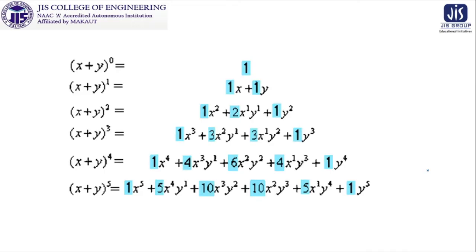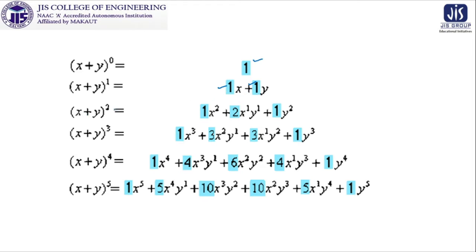So firstly we can observe our basic childhood days calculation: if we are considering (x plus y) to the power 0, it is 1. Then if I write (x plus y) to the power 1, simply it will be x plus y. Please concentrate on the coefficients. Here both the coefficients are 1.